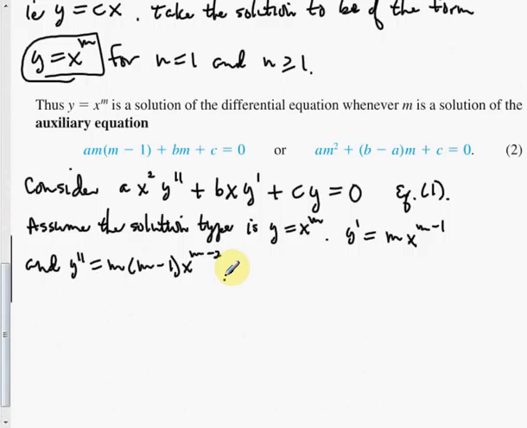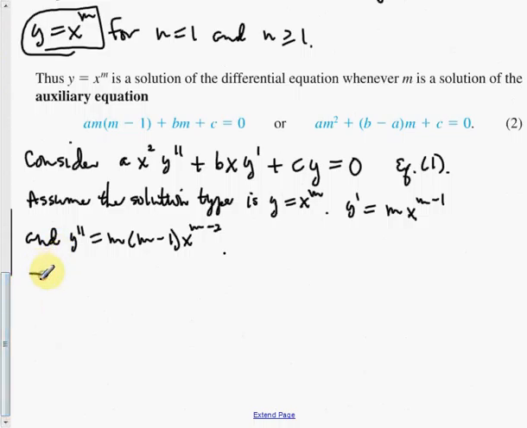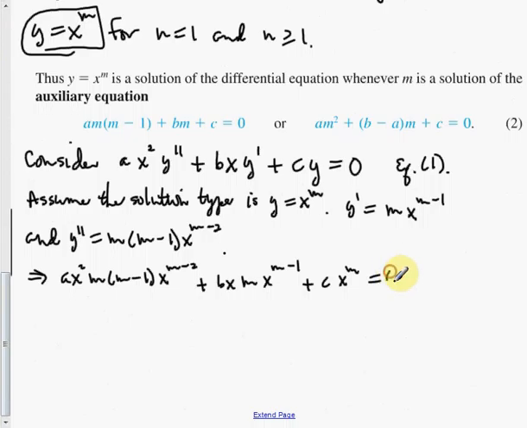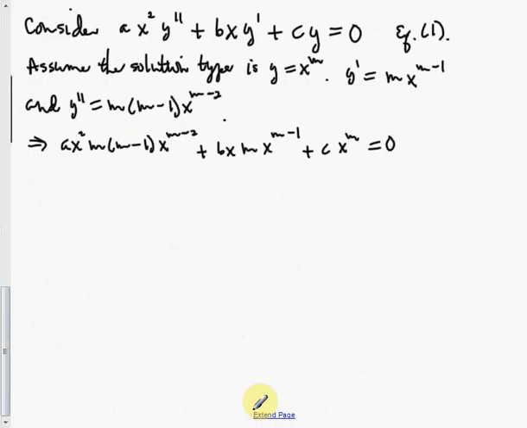So we're going to substitute back into equation number 1 for y prime and y double prime of this polynomial form. So we say this implies then that we have a times x squared times m times m minus 1 times x to the m minus 2 plus b times x times m times x to the m minus 1 plus c times x to the m is equal to 0. Now what I notice here, a couple of things.